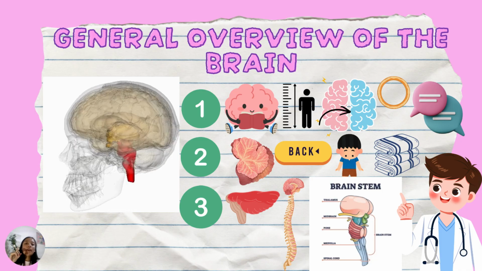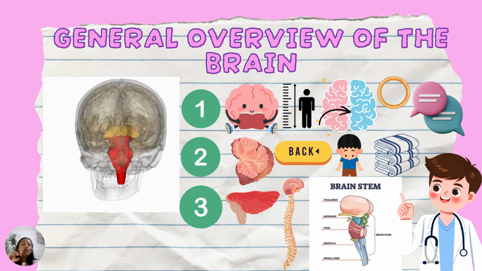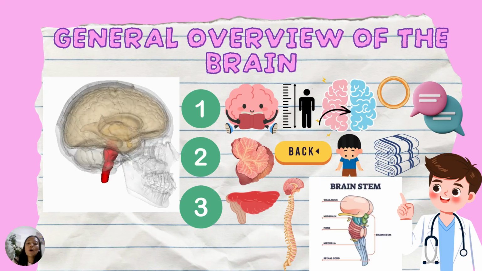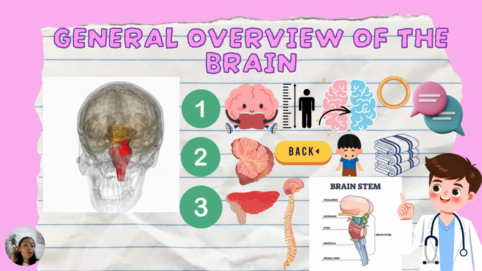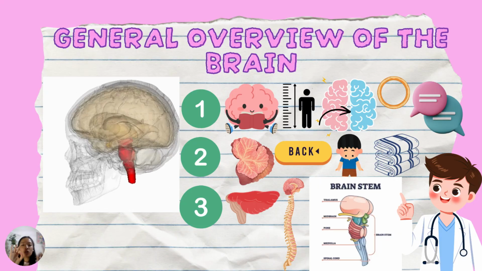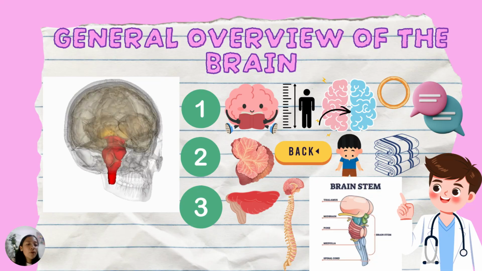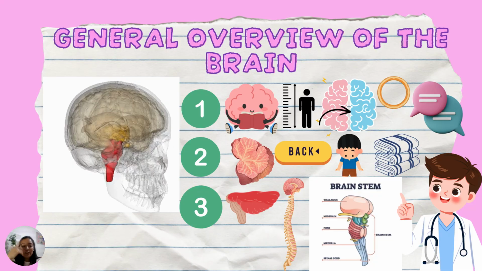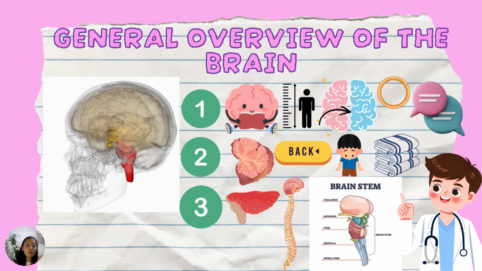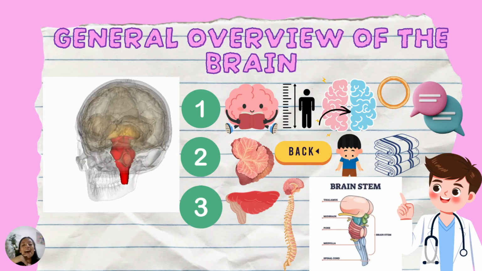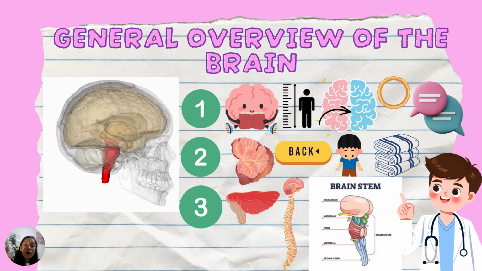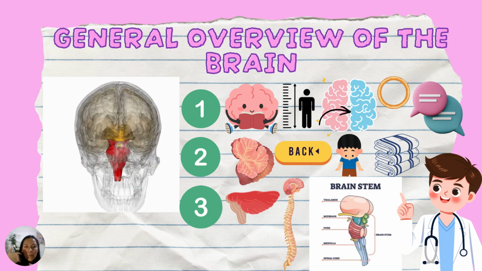In this part, we have the general overview of the brain, but in the anatomical part. So the brain is divided into three main regions. The brain is the image that is located in this part of the screen, and the first one is the cerebrum. But what is the cerebrum?